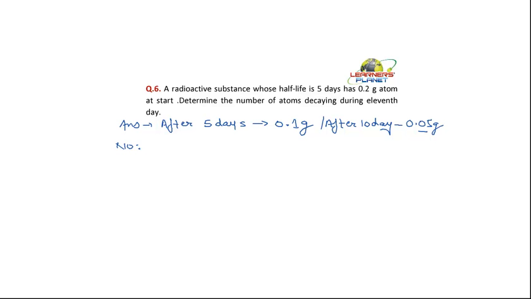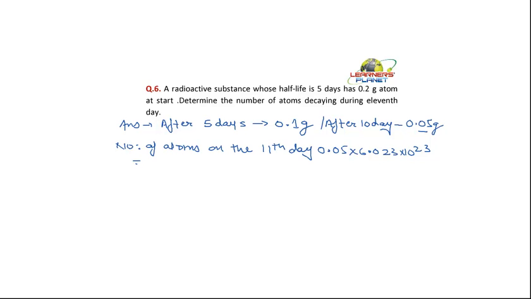So can we find out the number of atoms on the 10th day which are left, or on the 11th day? It would be 0.05 into 6.023 into 10 to the power 23. Now this would be equal to what?